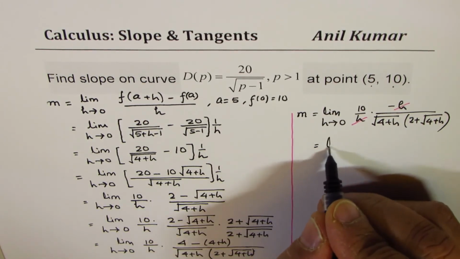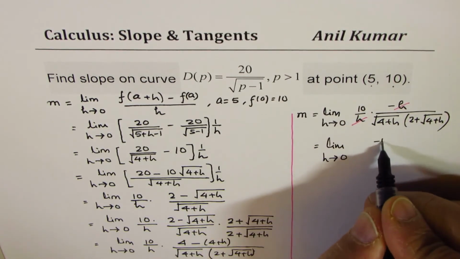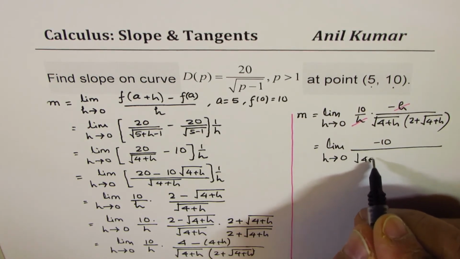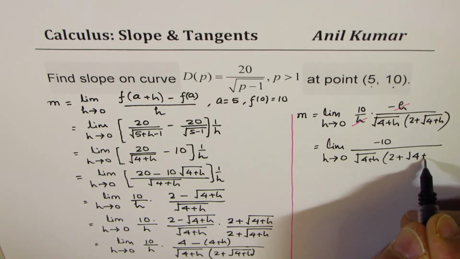So we get the limit as h approaches 0. We're left with minus 10 in the numerator, and the denominator is the square root of 4 plus h times 2 plus the square root of 4 plus h.